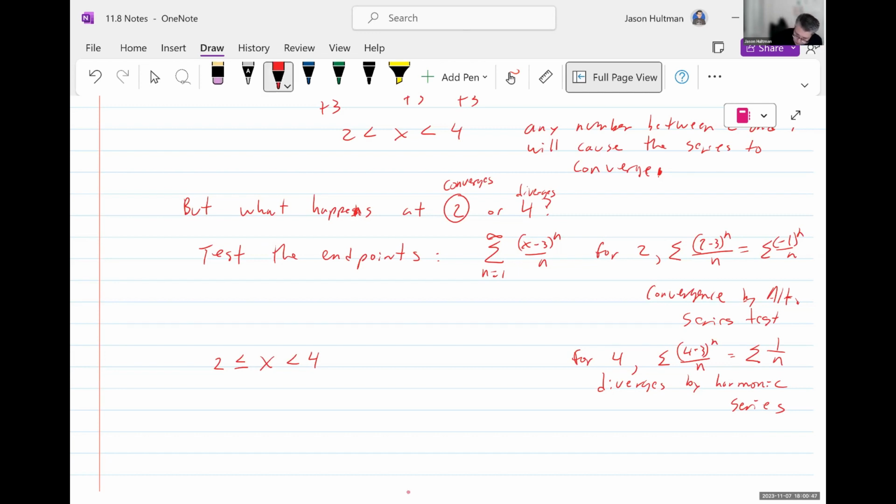We call this the interval of convergence, of 2 to 4. You can write it algebraically like that, or you could write it using interval notation as well. It really doesn't matter, either way.